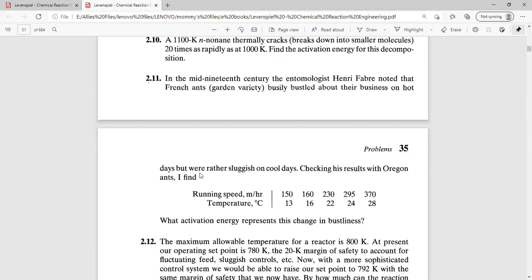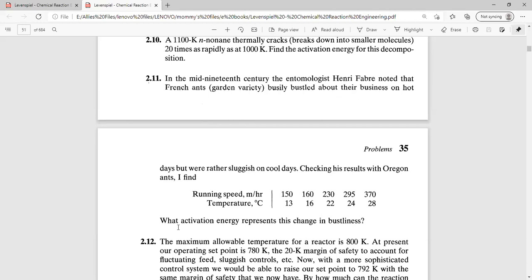So we go to 2.11. In the mid-19th century, the entomologist Henry Fabre noted that French ants, garden variety, busily bustled about their business on hot days, but were rather sluggish on cool days.